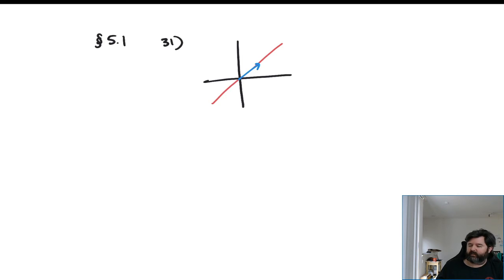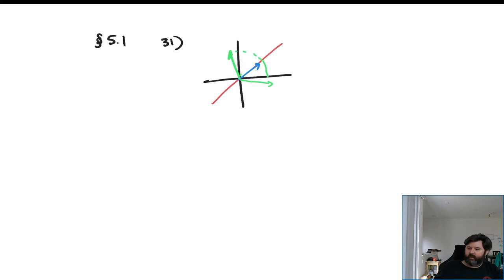But any other, so what does it mean for a vector to be an eigenvector? It means that it stays in its own one-dimensional subspace, right? Because if I multiply by A, it's the same as scaling it by a real number. So if you have any other vector, like a vector over here, then it's going to get reflected and look kind of like this, right?